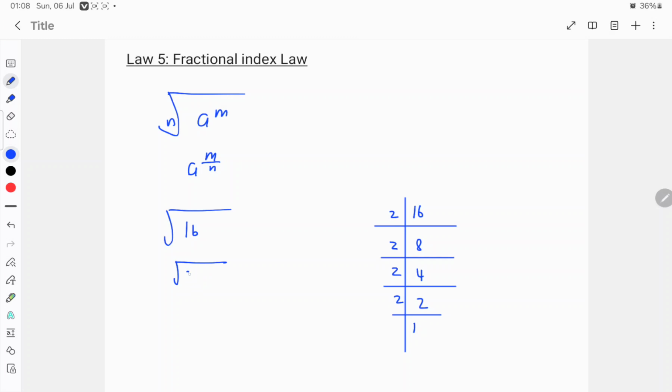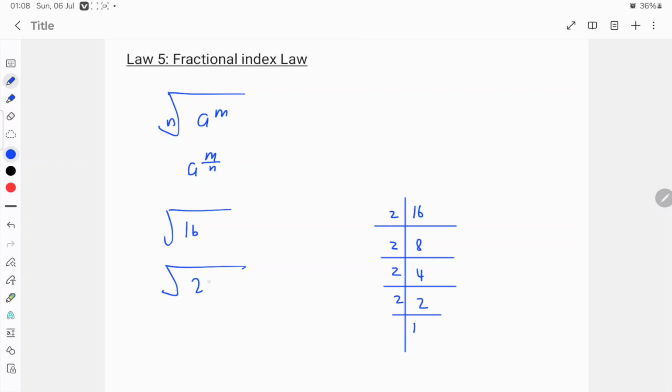The square root of 2 power 4. Then remember, I said there's an inverse. If it's a square root, then there's an invisible 2 here, because in square root we don't write it. If I write it like this, automatically there's already an invisible 2 there. That's why you call it the square root.